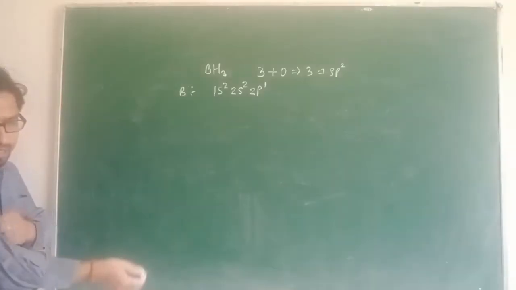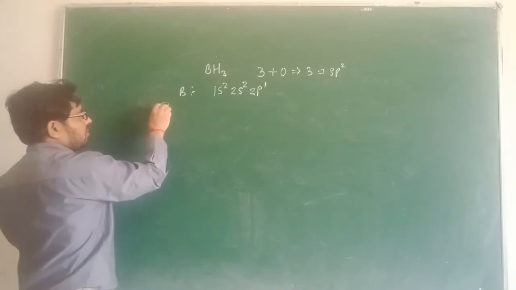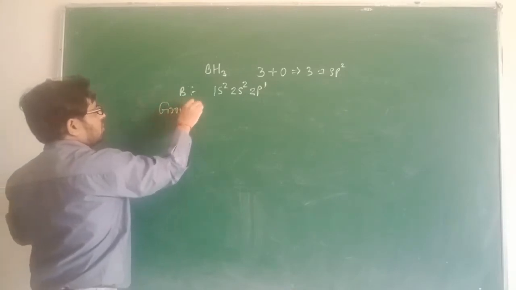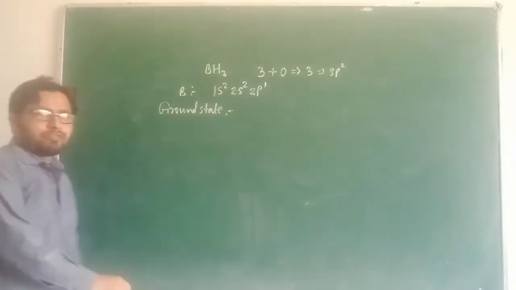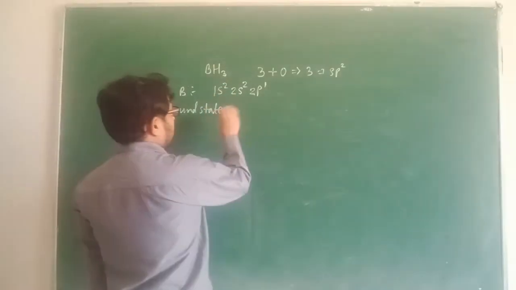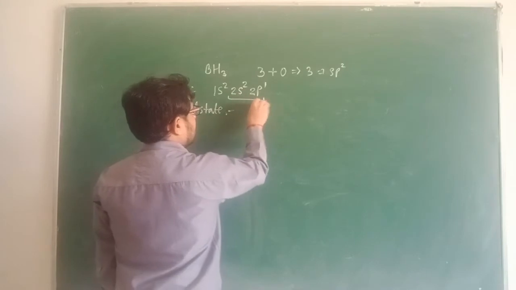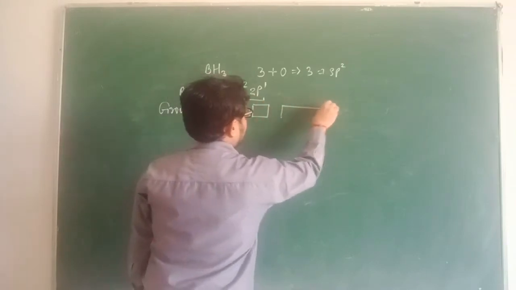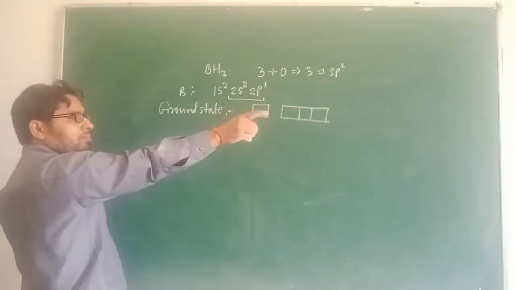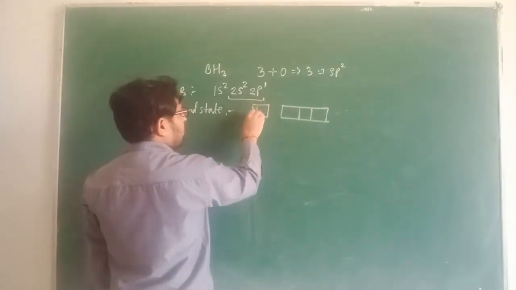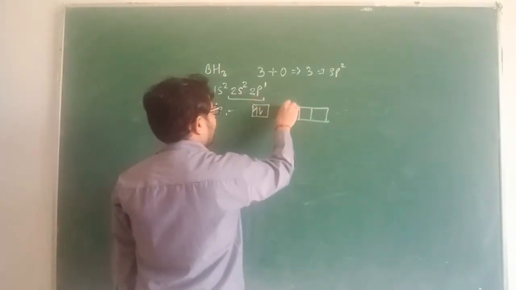Now if you will see here the ground state. If I will talk about the ground state, so what will be there in the ground state? So I will take the outermost shell. This is 2s and this is 2p. In the second orbital, d is not coming. That is, I am not going to mention d. So in 2s 2 electrons are present, 2p 1 electron is present.